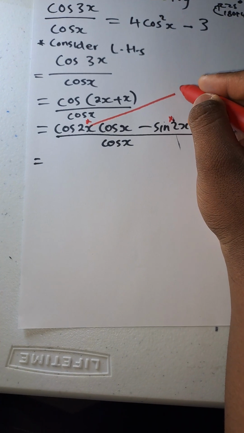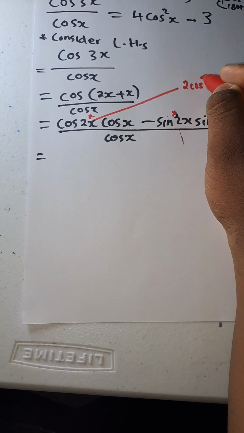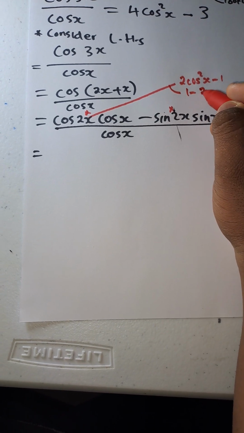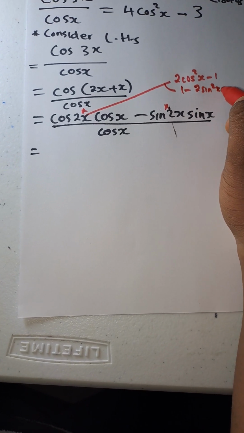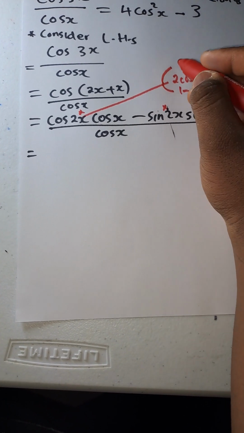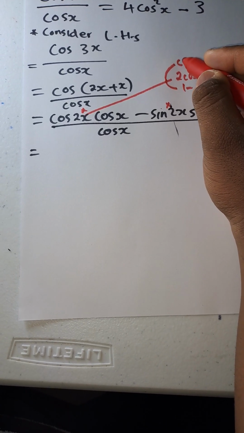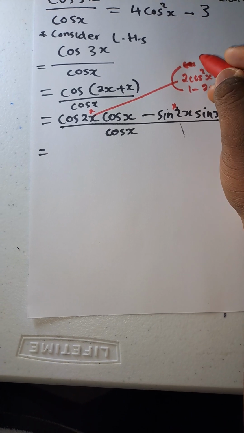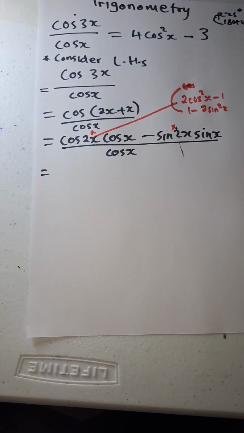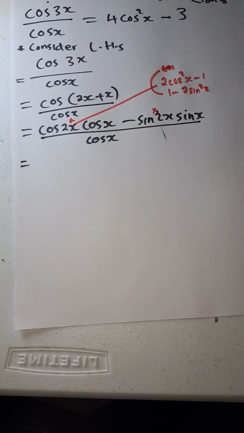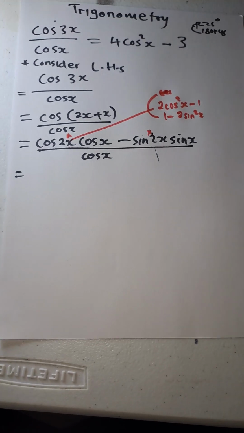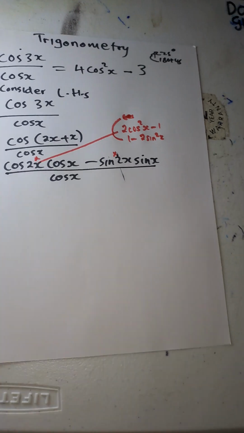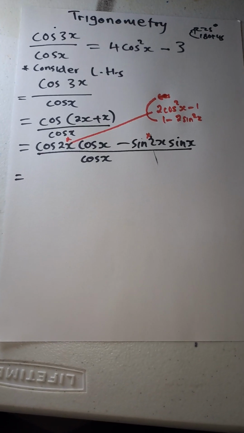You can have 2 cos squared x minus 1. You can have 1 minus 2 sin squared x. And then what is the last one? I think these are the only ones that we can use. You can check them if they are 2 or 3. I have forgotten, but you just have to choose them.